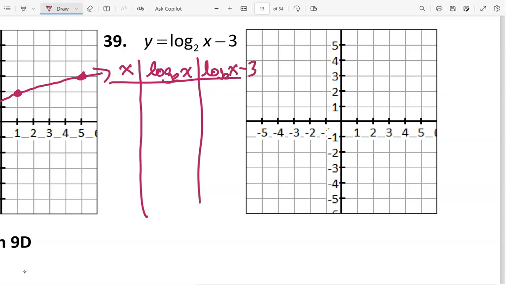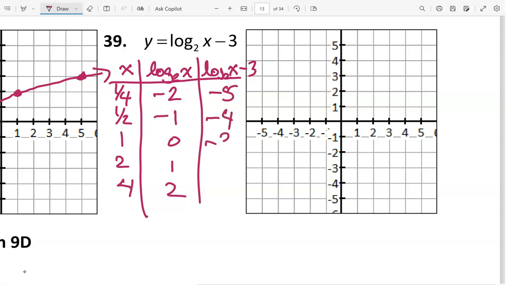So logarithms are the exponents, -2, -1, 0, 1, 2, and our base is 2, so x is 1/4, 1/2, 1, 2, and 4. And to get that last column, we're going to take the logs and subtract 3. So that'll give us -5, -4, -3, -2, and -1.